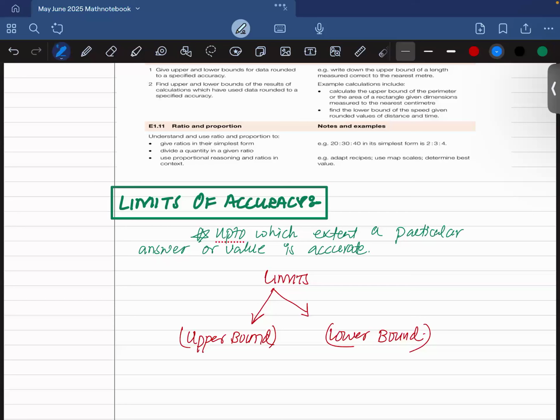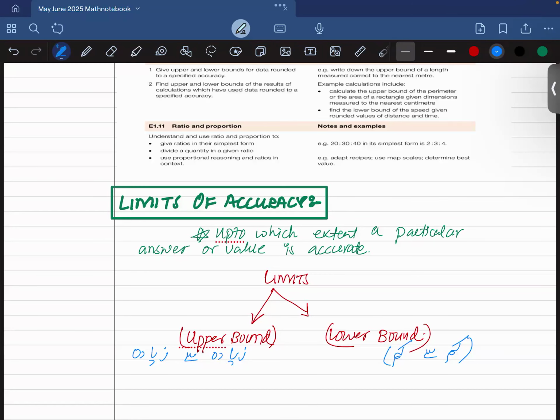Upper bound means in Urdu zyada se zyada, and lower bound means kam se kam. We always use these things in our daily life. Like we say, I'm going out with friends, so max I will be spending 2000, max 5000, or at least I will be spending 1000. We have these things in our mind whenever we go shopping or calculating something.